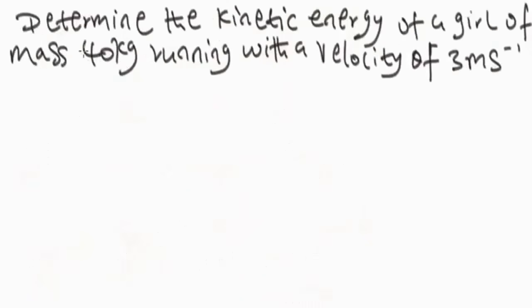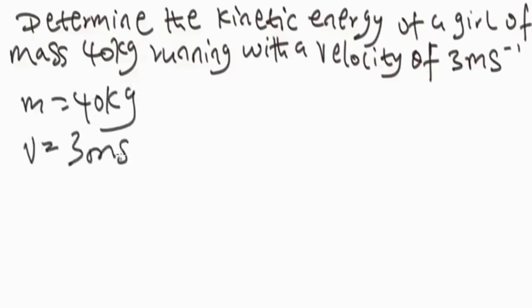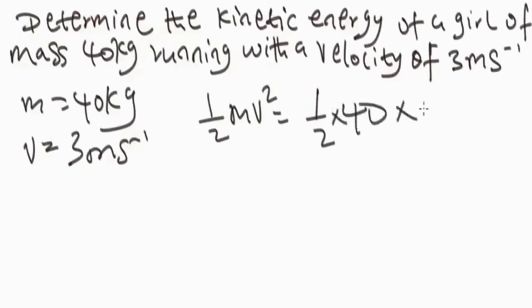Okay, this problem says to find the kinetic energy of a gear of mass 40 kg moving with a velocity of 3 meters per second. So our m is 40 kg, our velocity is 3 meters per second. For kinetic energy, the formula is half mv square. When you input the values, you have half times 40 times 3 square, which is 9.